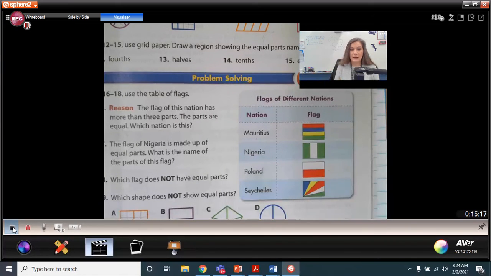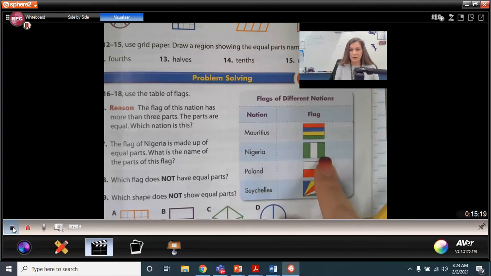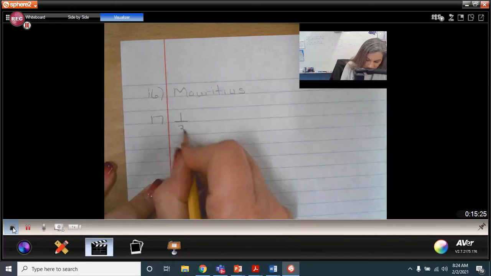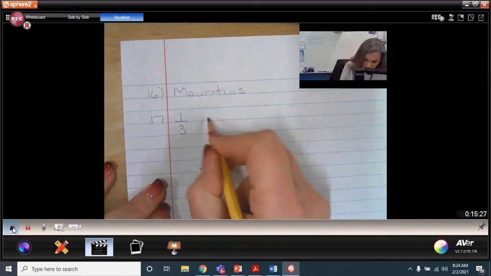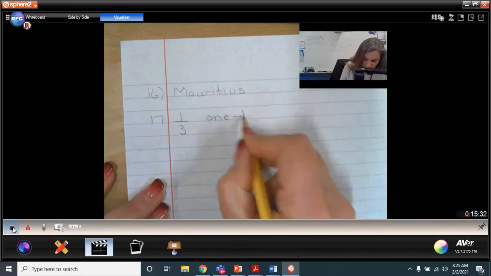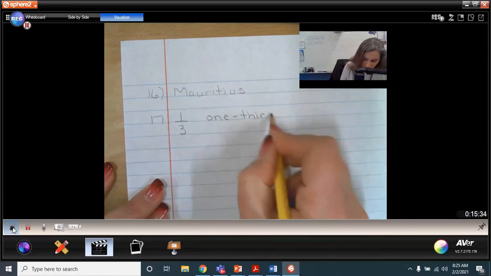So they're asking us what would be the name of each one of those parts. And the name of each one of those parts would be 1/3. We would label each one of those parts as one of the 3 pieces. So we could also write it out in words, one third.